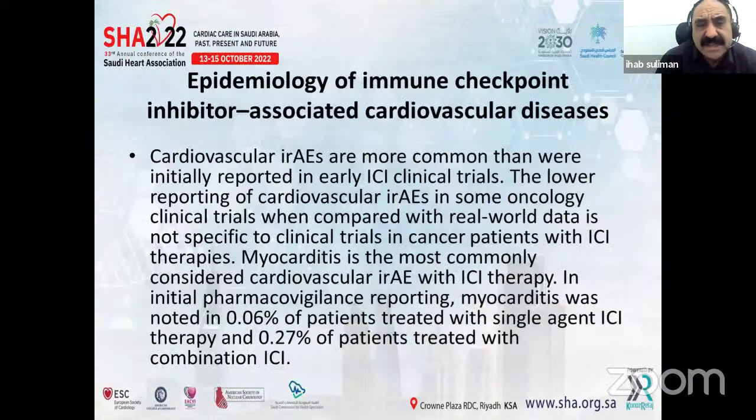So what is the epidemiology of immune checkpoint inhibitor associated cardiovascular diseases? From pre-marketing trials, we know that myocarditis occurs at a rate of 0.06% to 0.27%. So a very small number of patients were associated with adverse cardiovascular events.